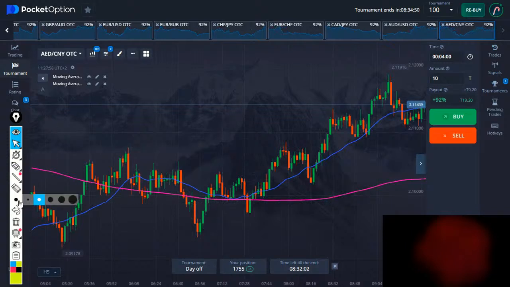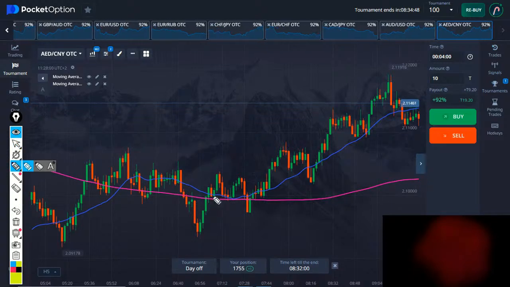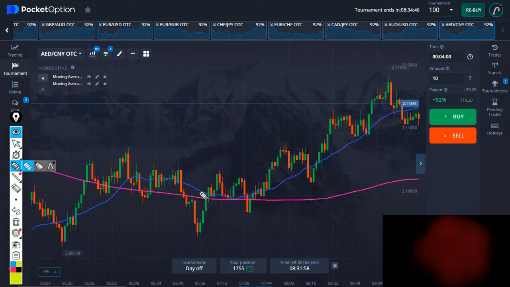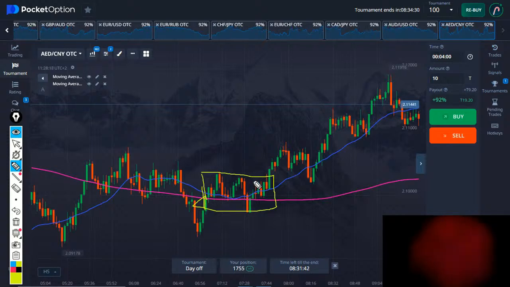This is your narrow state. See, you have your 200 moving average, the pink, and the blue, very close together. So you draw the higher highs and the higher lows in the situation. You have your narrow state over here, and you wait for a strong bullish candle.